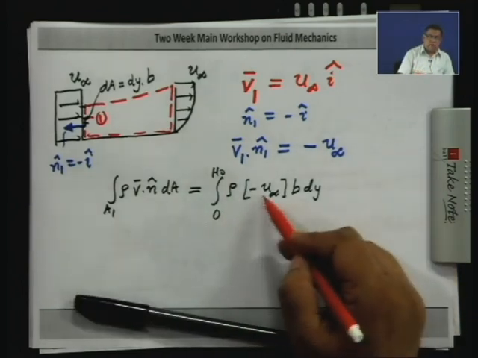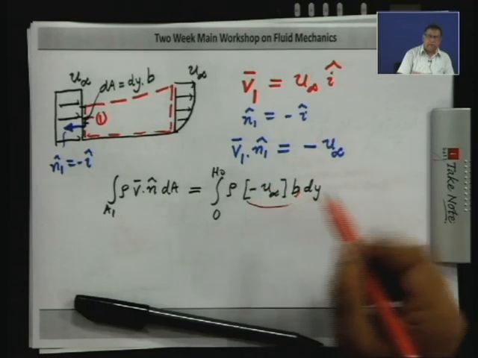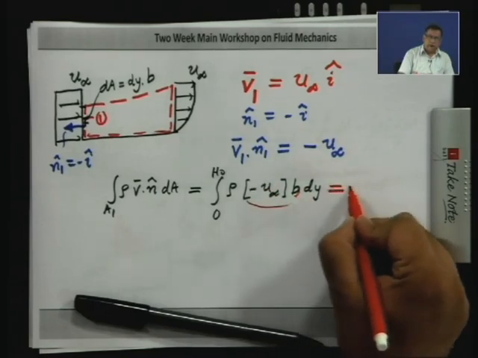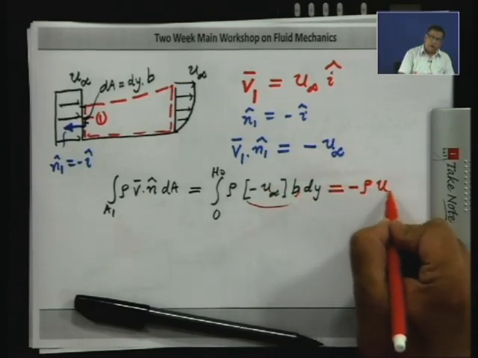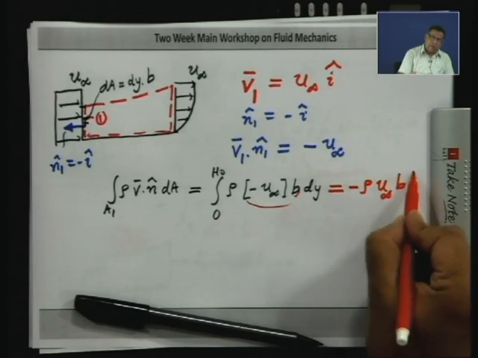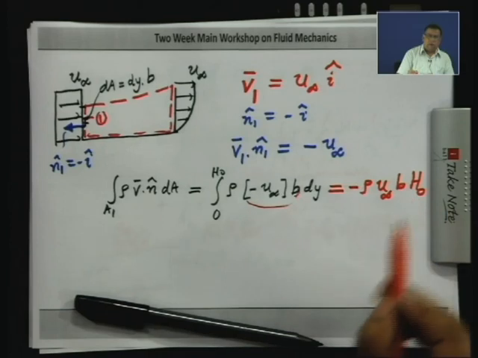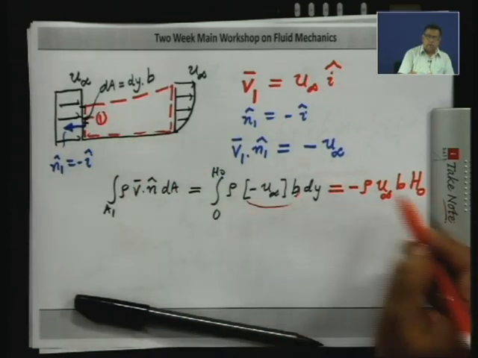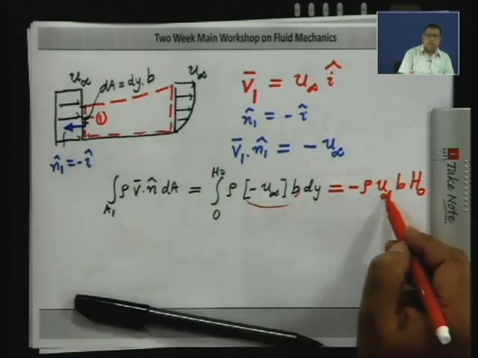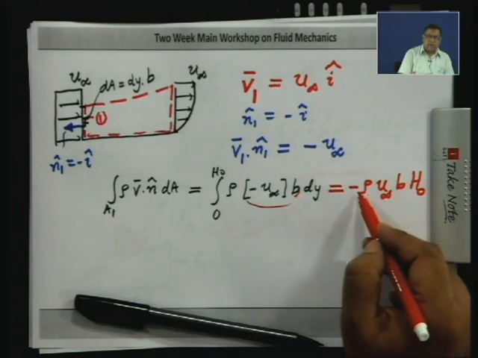Now, the function you are integrating here is a constant. So, this is simply minus rho u infinity into b into h naught. B into h naught is the area of the face. So, this is rho times the velocity times the area, and the minus sign is coming because it is an influx of mass.